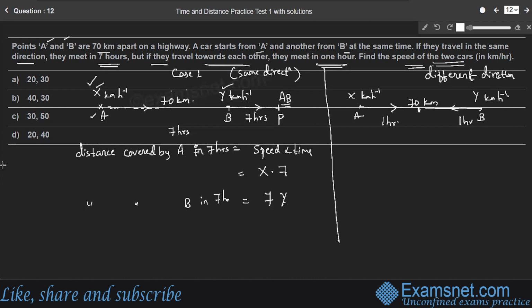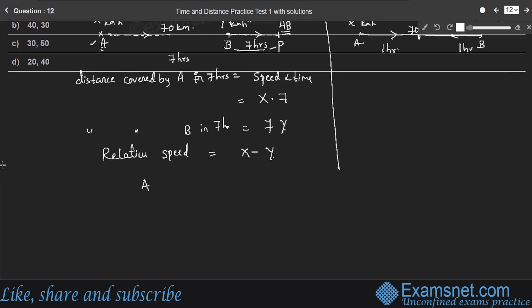Since both are moving in the same direction, their relative speed is the difference in their speeds, which is x minus y. The distance from A to B, which is 70 kilometers, is the distance covered by A minus the distance covered by B. Therefore, the AB distance is equal to the distance covered by A to meet B, which is 7x, minus 7y.